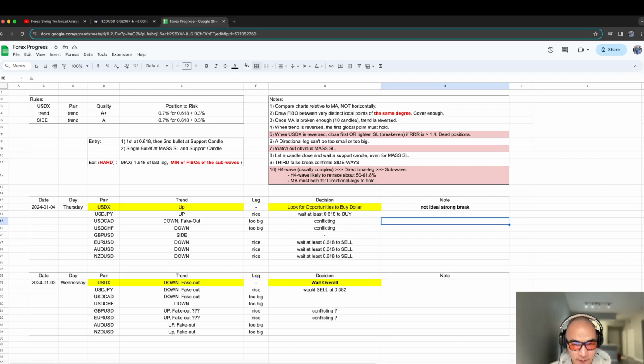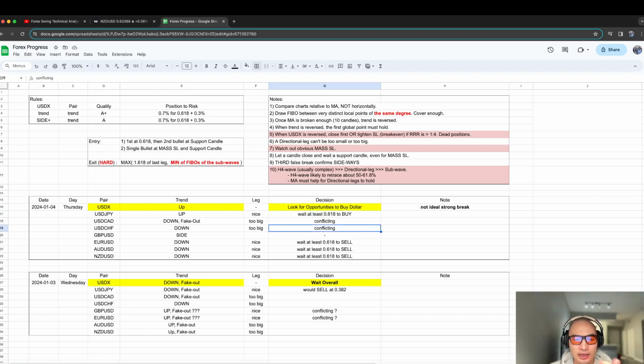So that makes sense. So at this point, the best decision is to wait, and I want to see how the market responds to tomorrow's employment news, and if the dollar index still demonstrates the ideal strong break, then we can be sure that the trend has reversed and the dollar index is going up.